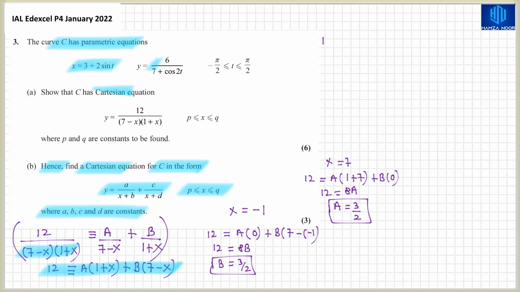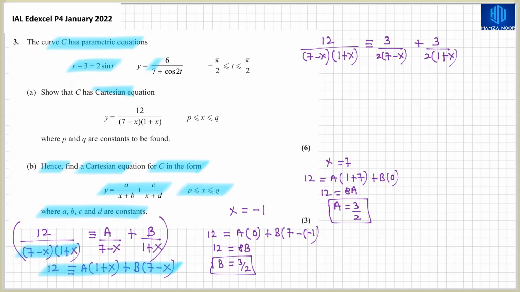So now we can say that 12 upon (7 - x)(1 + x) is equivalent to 3 over 2(7 - x) plus 3 over 2(1 + x).